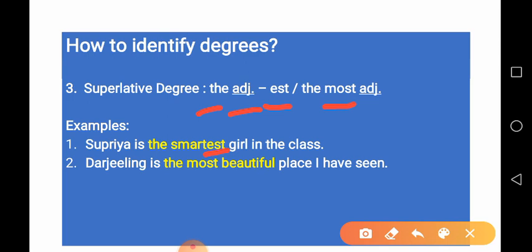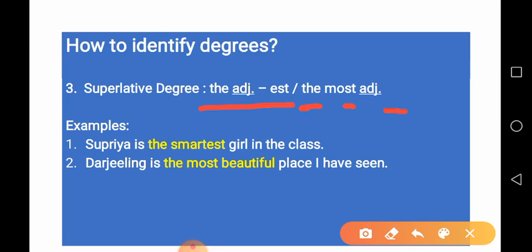So, in the superlative degree, when there are two syllables or more than two syllables, we use the, most and the adjective. This is how we write the superlative degree. So, friends, did you understand how to identify a superlative degree? Yes. What do we use? The plus adjective added with est, or the, most and adjective.